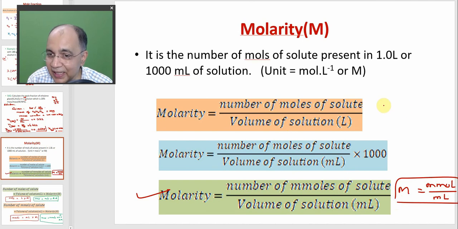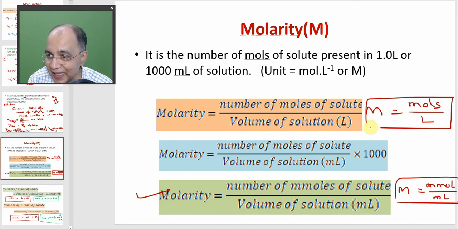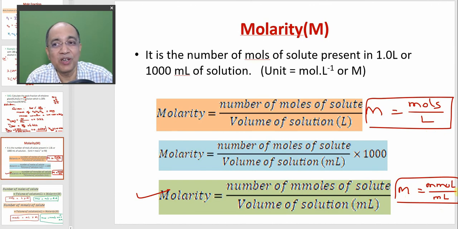Here I write molarity is equal to number of moles by volume in liter. So from this, the number of moles of solute is equal to molarity into the volume of solution in liter, or number of millimoles of solute is equal to same molarity into volume of the solution in milliliters. That's it. And once you get the millimoles, then you can convert it to mass.